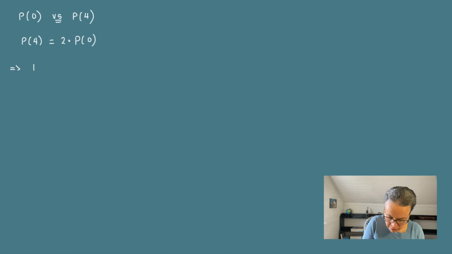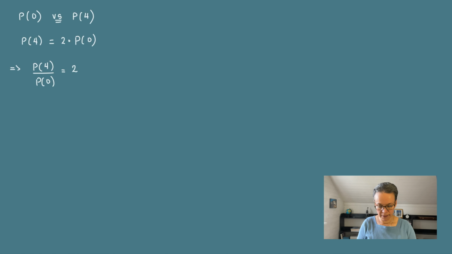In other words, this says that P of 4 over P of 0 is equal to 2. And here again, remember, this is an exponential situation, and we already know that there is also a fixed ratio involved here.